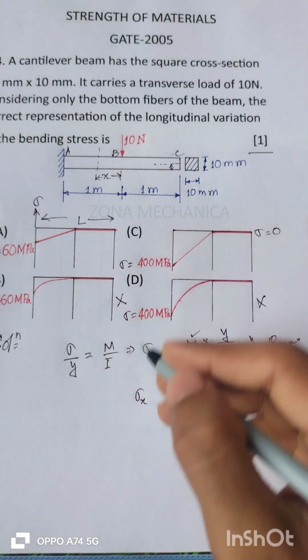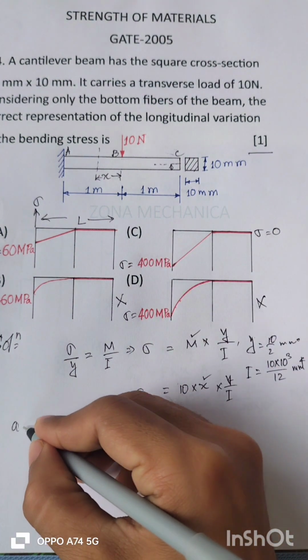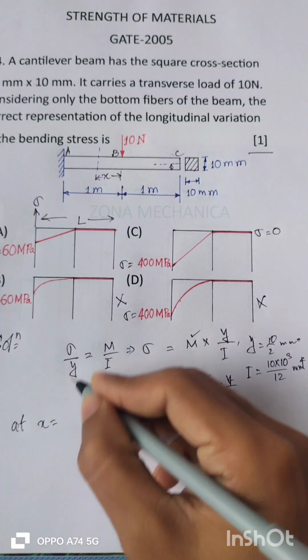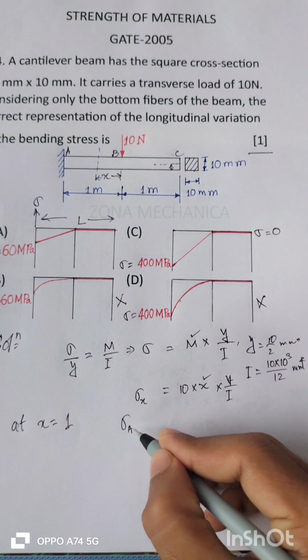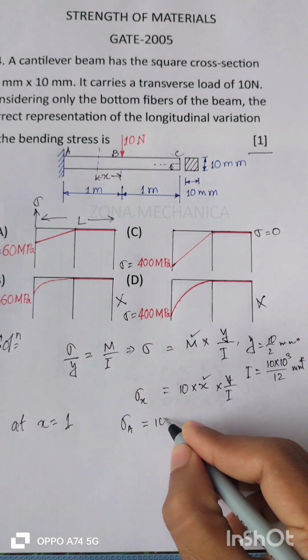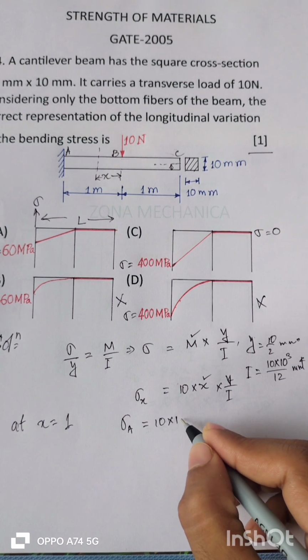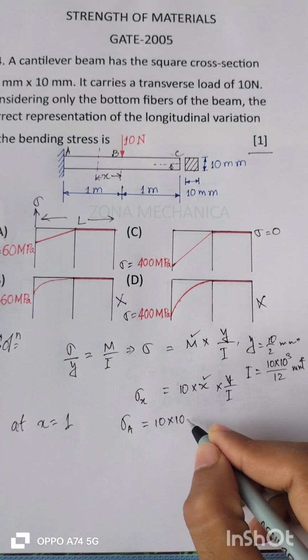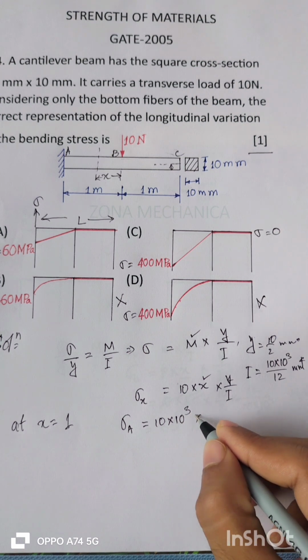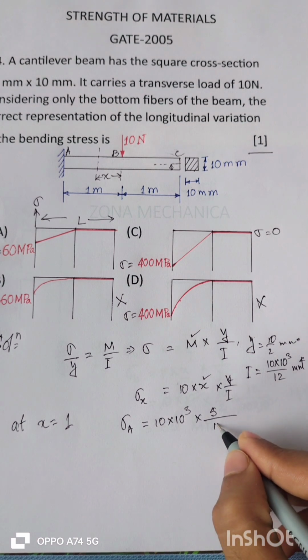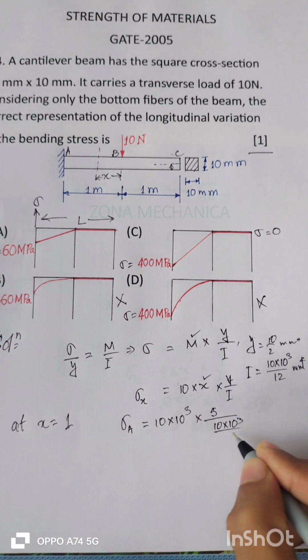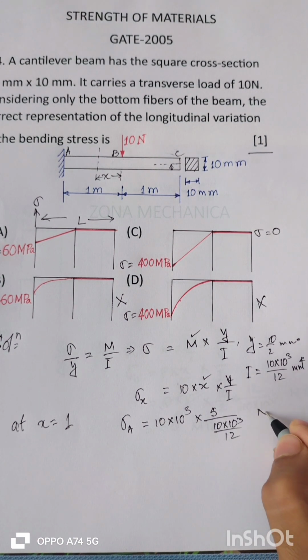So let us calculate. At x equal to 1 meter, what is the bending stress? So 10 into 1, this is in meter, so I am taking it in millimeter, that is 10 to the power 4 mm, into y, that is 5, and I is 10 into 10 cube by 12, so this is in Newton per square millimeter.